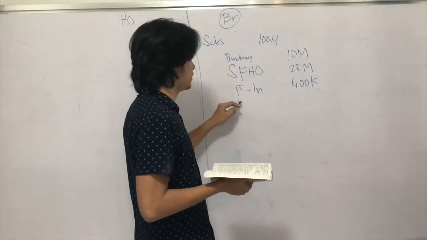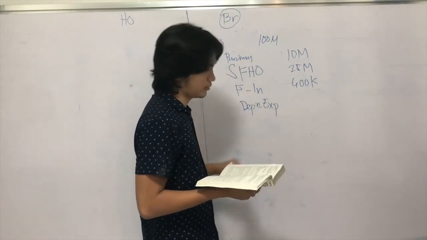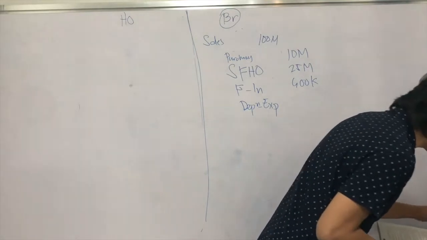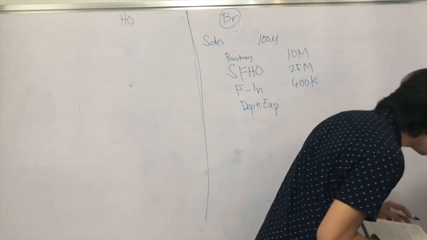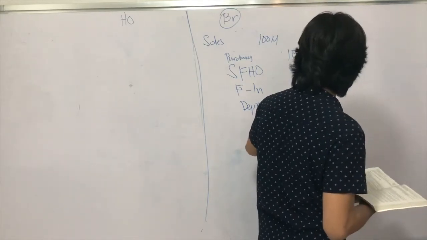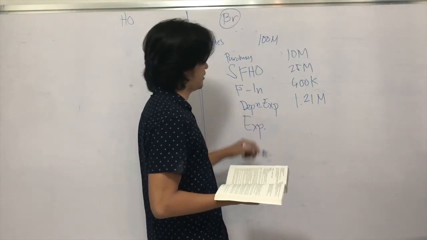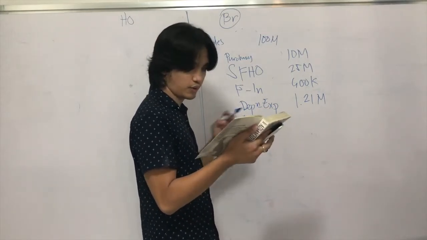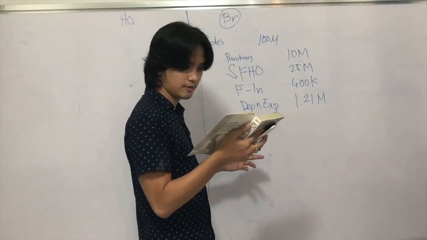The total depreciation expenses, how much was it? Depreciation expenses, 1.21 million, and we have expenses, 14 million plus the additional 3 million.